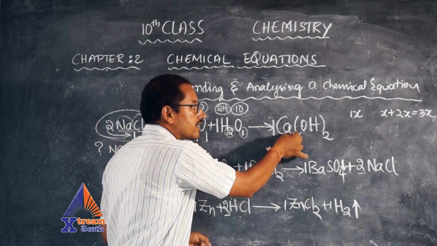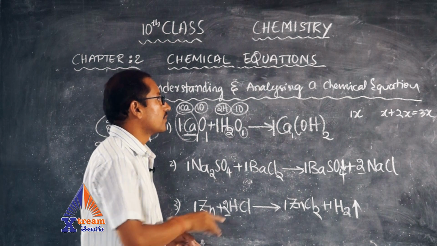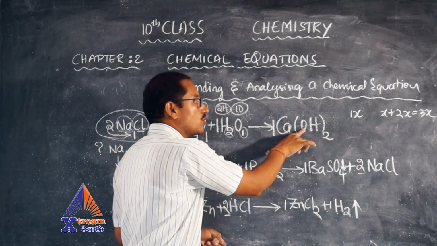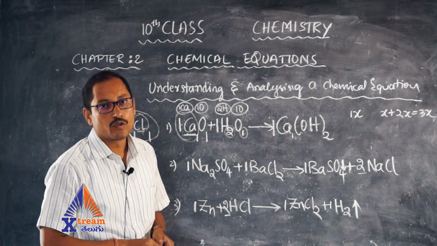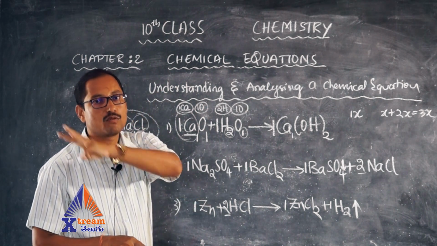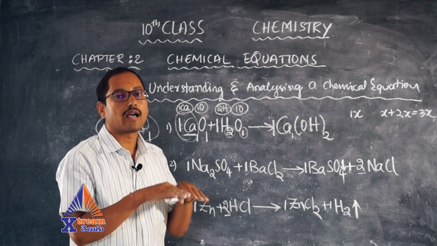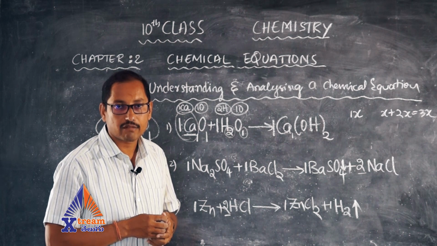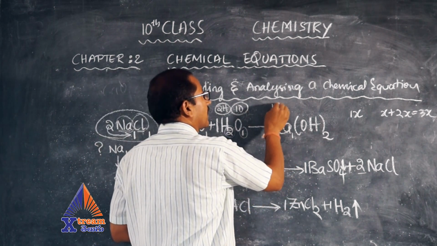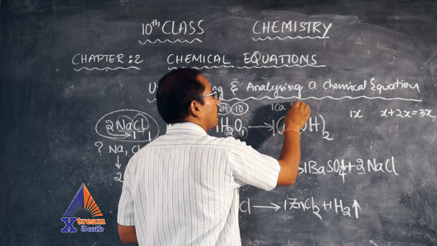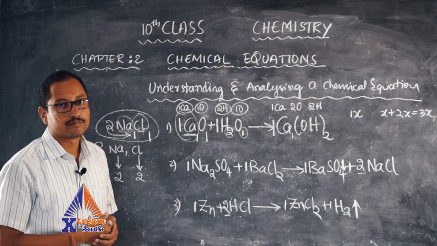That is nothing but calcium's index is 1. 1 ones are 1 calcium, 1 twos are 2 oxygens and 1 twos are 2 hydrogens. So 1 calcium, 2 oxygens and 2 hydrogens are there on the other side also. Then we have the equation as a balanced equation.